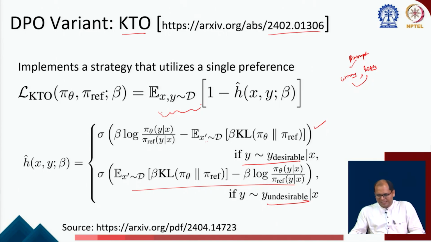That is KTO, and there are other variants like SimPO, CTO, IPO and so on, many variants that are available. But the idea is similar: you can directly use the user preference data, either the pairs, that this is a winning or losing sample, or the individual data, that this is preferred and this is not preferred, but not necessarily put together.